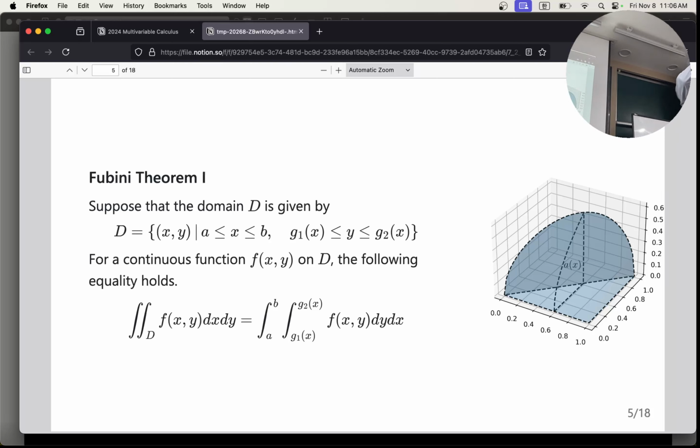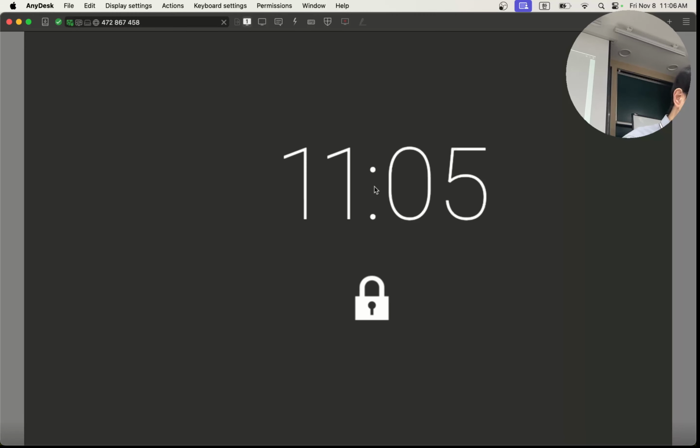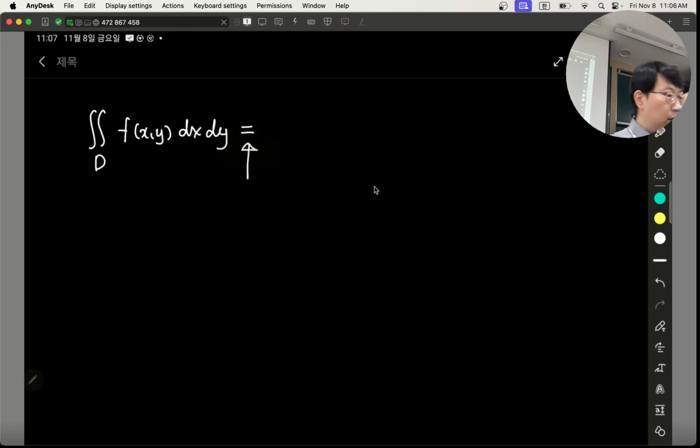So the first way of writing the integration will be, the inside doesn't matter now. All we are doing here is just writing this integral as an iterated integral.